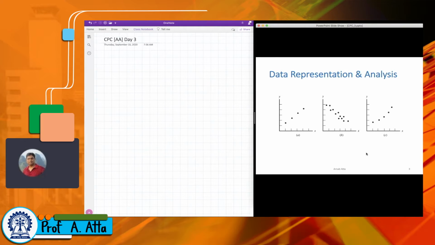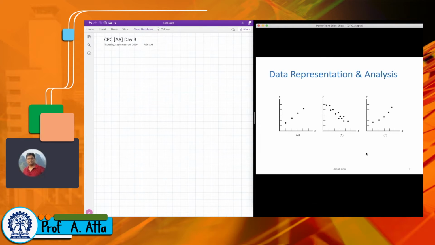Say that concentration changes with time. Some reaction or flow is happening, so its concentration is changing with time. In that case, you cannot measure the concentration at each and every time.